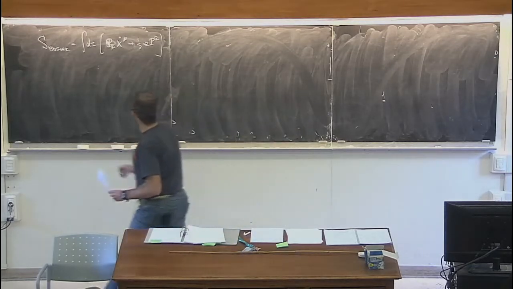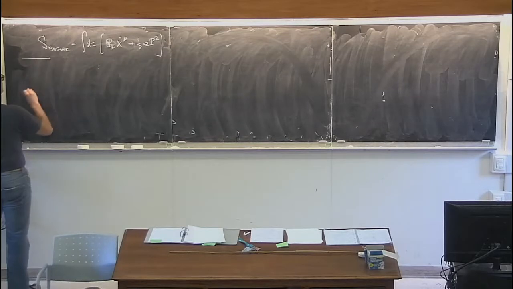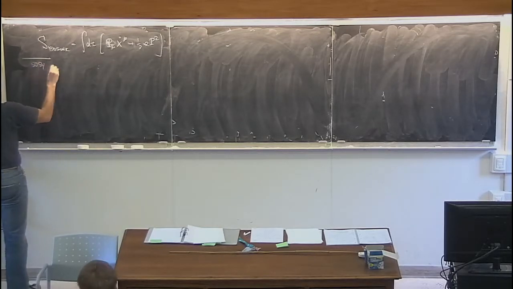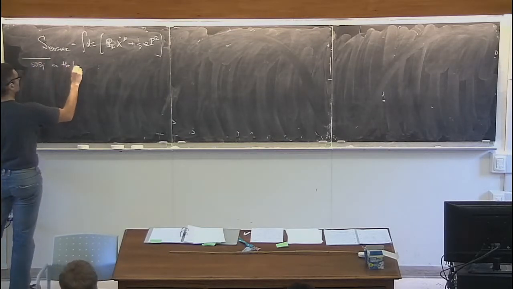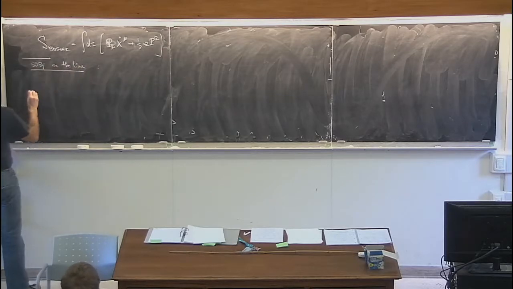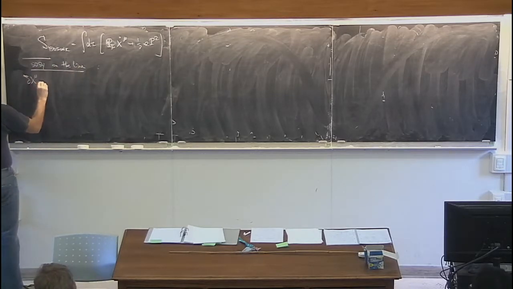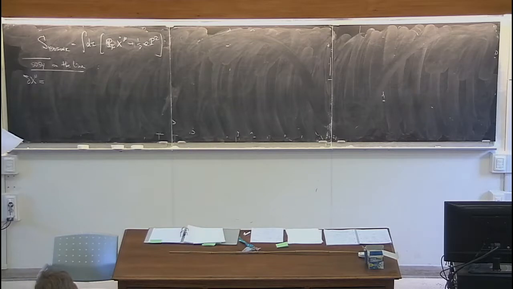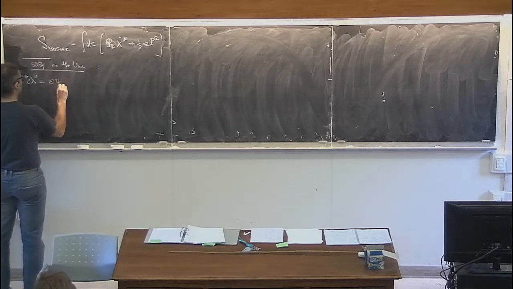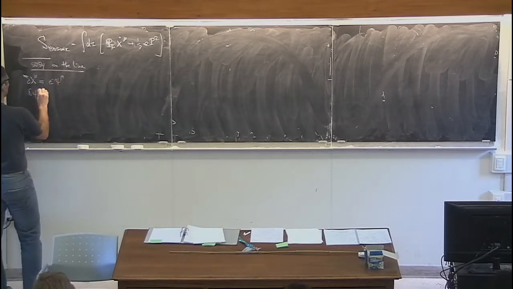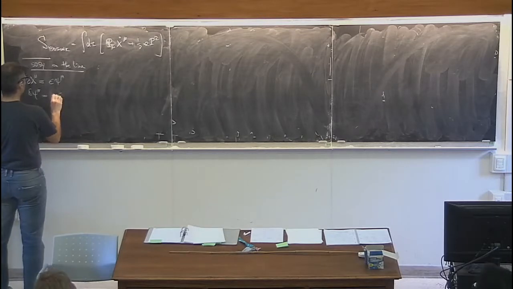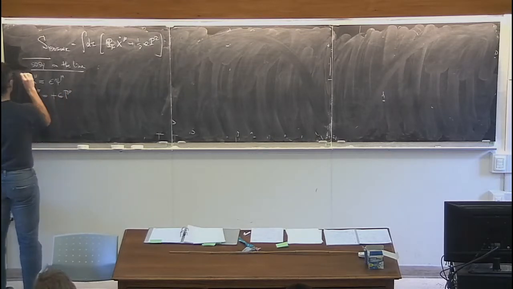Yesterday we did a supersymmetrization, SUSY, on the line, and we did the following. The variation of X^μ was equal to epsilon psi^μ, and the variation of psi^μ is equal to minus or plus, remember, p^μ, in this way.